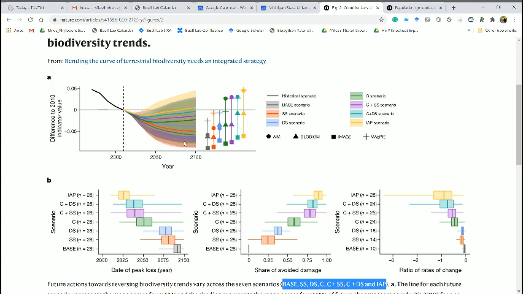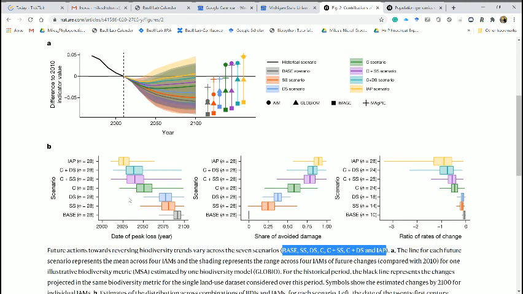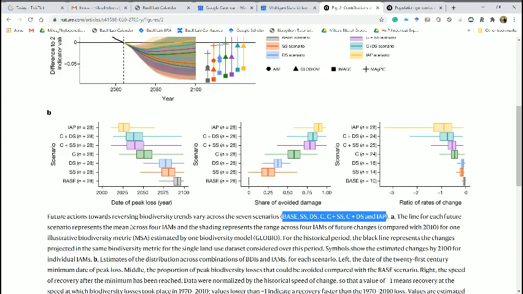So I guess these different scenarios represent incremental improvements. If we do a little bit, then things get a little bit better. But if we do more things, then things get even better. I think that's essentially what's being shown down here. Date of peak loss. I assume that's loss of biodiversity.